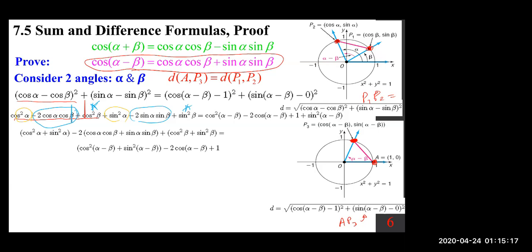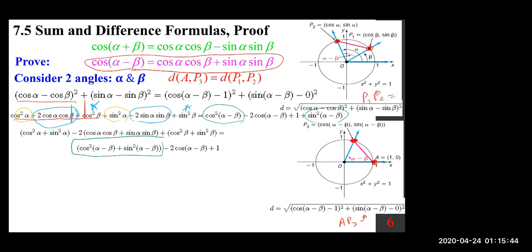Then what do we do on the right side? Again, let me use a different color, maybe this time. Cosine squared, sine squared, we put them together. This is the right side, class.